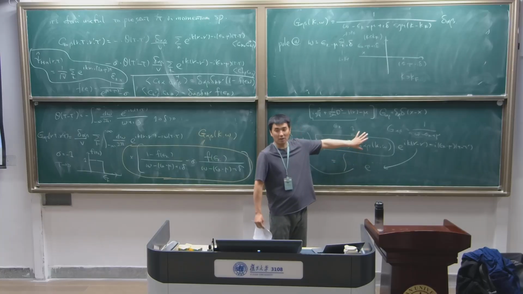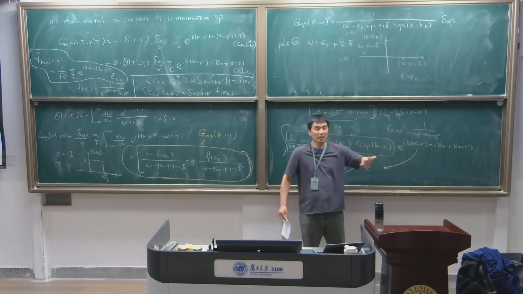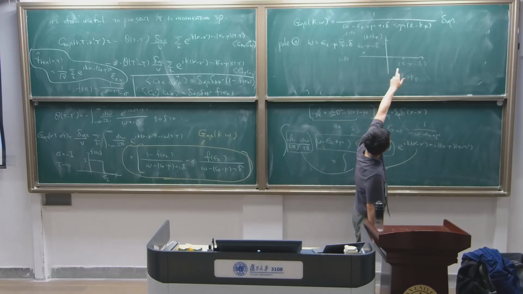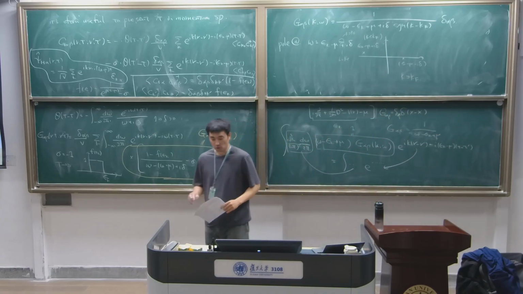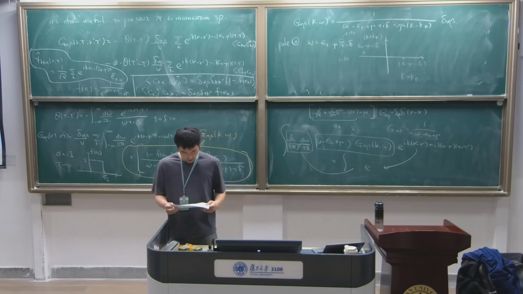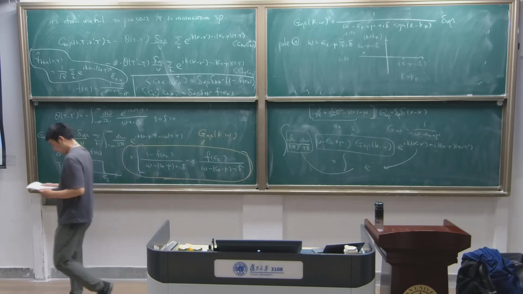So this part has to be 1. Therefore, what you get is 1 over this. And this i delta prescription is essentially coming from the Feynman prescription, which you learn in a QFT course in more detail, but I'm not going to go into detail.